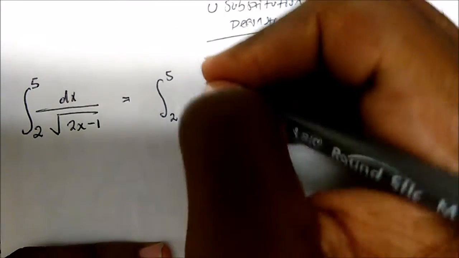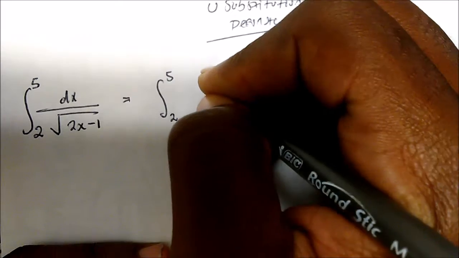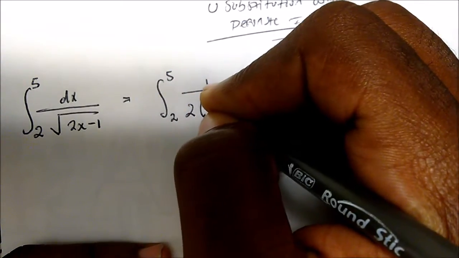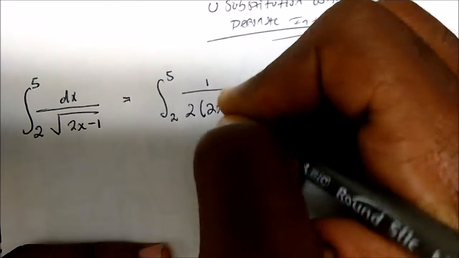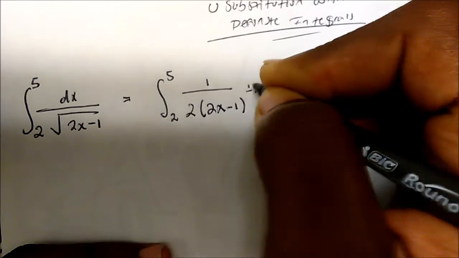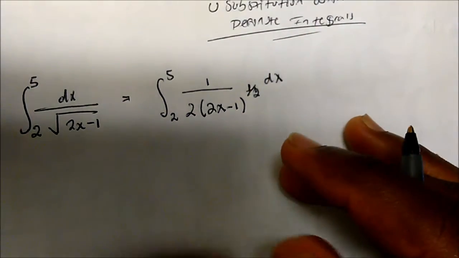So this might as well be the integral from 2 to 5 of 1 over 2x minus 1 to the 1/2 power dx. I just like my stuff like that.